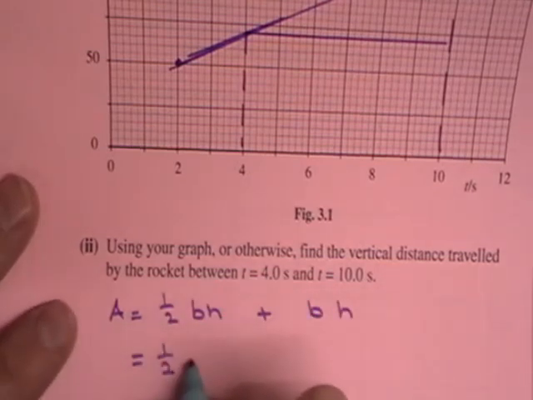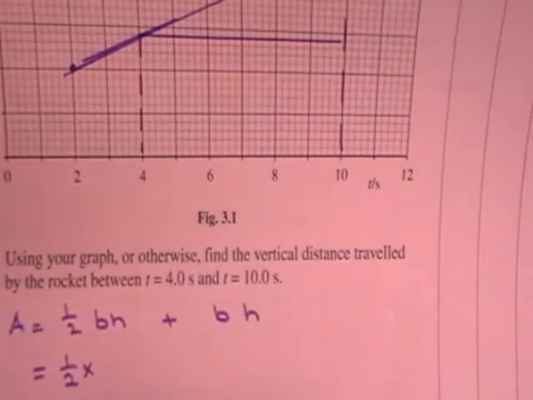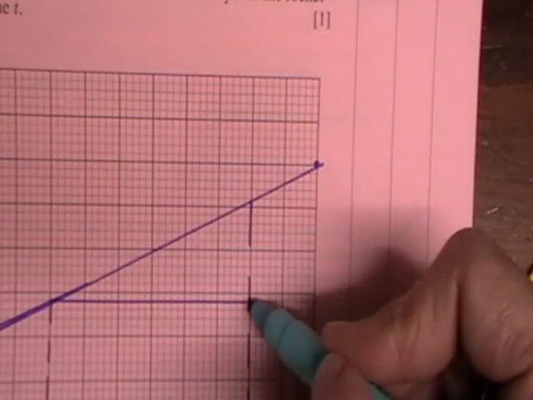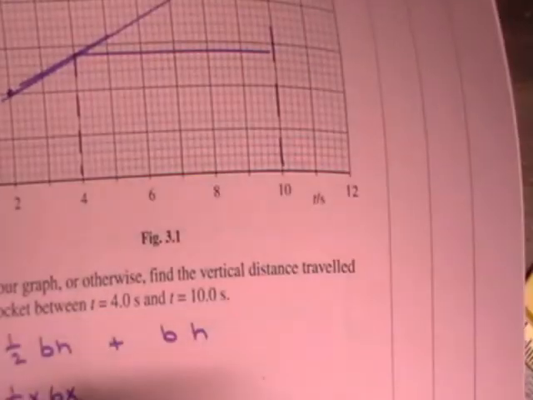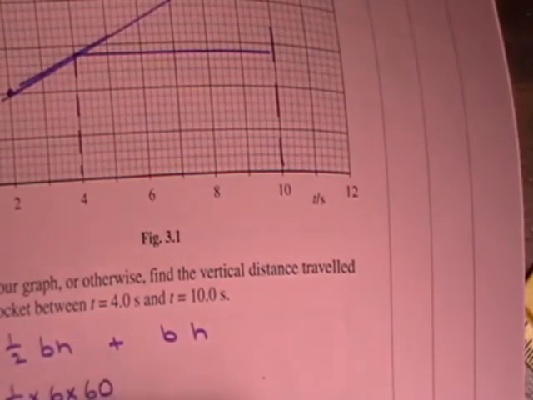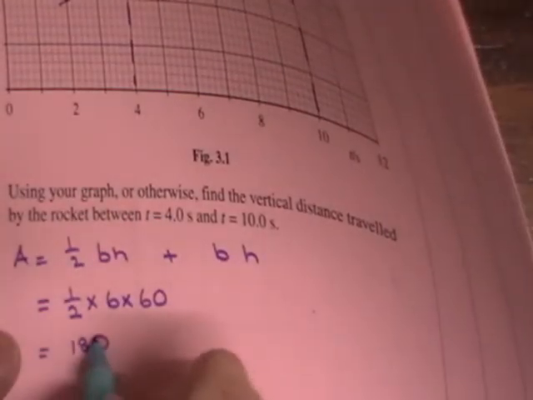For the triangle, half the base by the height: the base is from 4 to 10, so that's 6, and the height is from 70 up to 130, which is 60. Half of 6 is 3, 3 times 60 is 180.